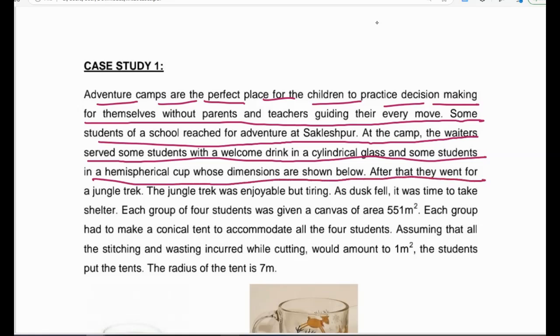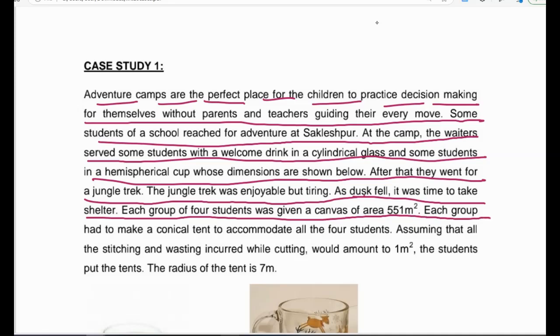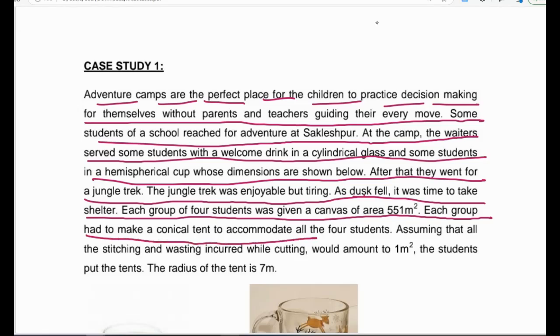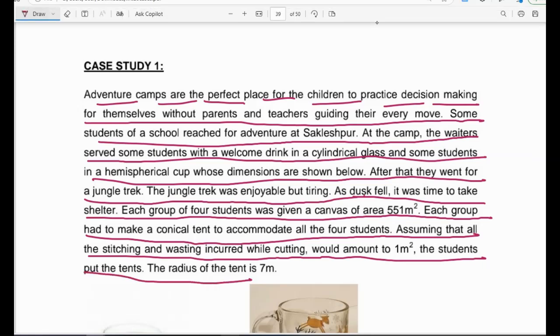After that, they went for a jungle trek. The jungle trek was enjoyable but raining. It was time to take shelter. Each group of 4 students was given a canvas of area 551 centimeter square. Each group has to make a conical tent to accommodate all 4 students. Assume that the stitching and the wastage while cutting would amount to 1 centimeter square. The student put up the tent, the radius of the tent is 7 meters.